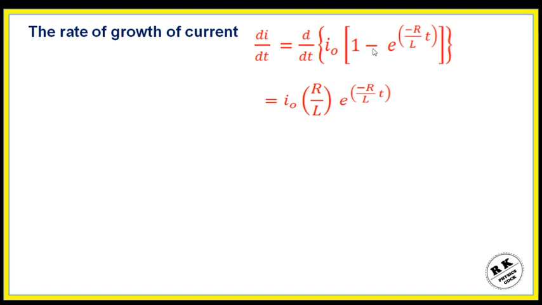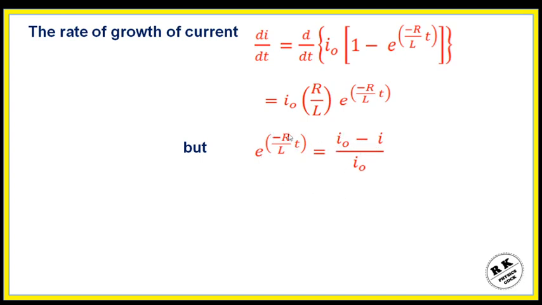Already minus sign is there. So on multiplication of 2 minus we get plus here, R by L times e power minus R by L times t. Now we know that from the instantaneous value of current we can rewrite exponential of minus R by L t as I naught minus I by I naught.